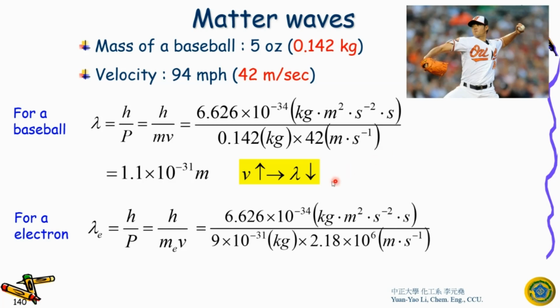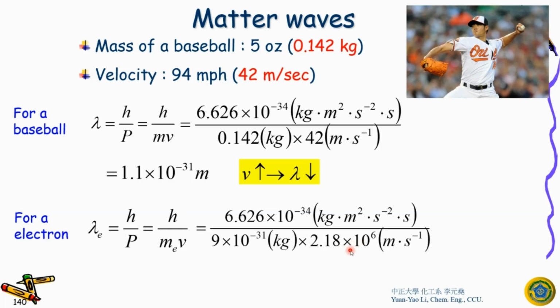Okay, so if you do a simple calculation, we know that this is the Planck constant. This is the mass of the electron, which you already know. This is 9.1 times 10 to the minus 31 kilograms. And what's the speed of the electron? Let's use the simplest case, which is hydrogen. In the hydrogen model, the speed of the electron in n equal to 1 will be what? 1% of the speed of light.